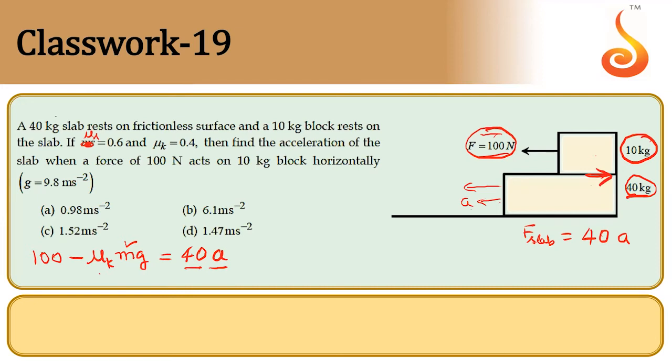So now substitute for it. So it should be 100 minus mu k is 0.4 into mass is 10 kg into g is 9.8 equals 40 into A. This will be 100 minus, this will be 4 into 9.8 is 39.2.